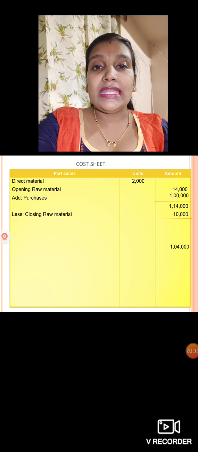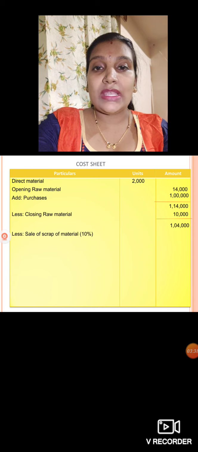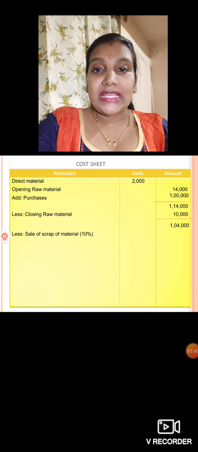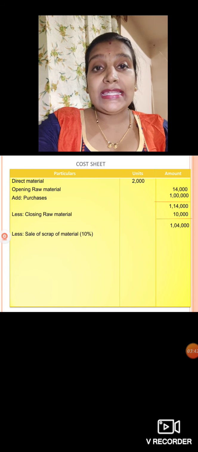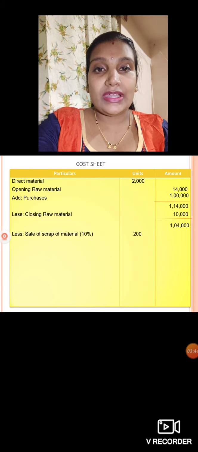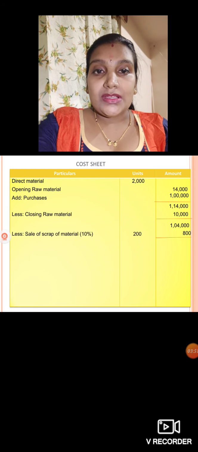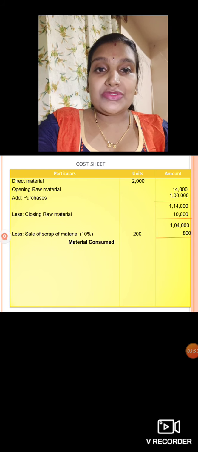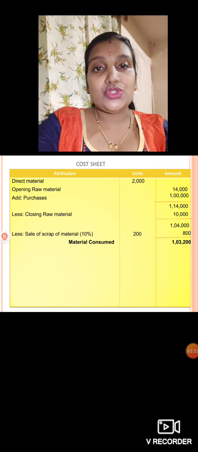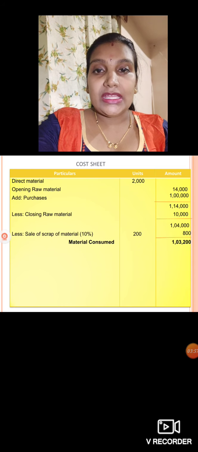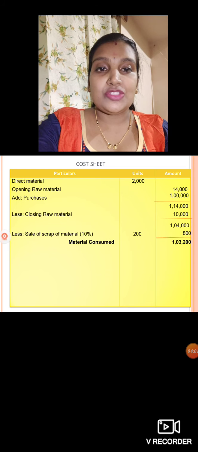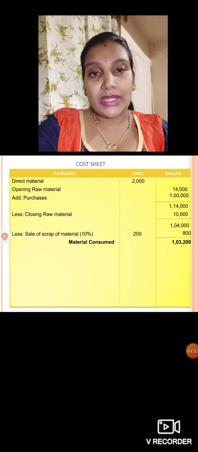So material consumed we will get 1,04,000, less sale of scrap of material. 10% they had said, right? 200 units out of 2000 is scrap, and the value of scrap was 800. So final material consumed we will get 1,03,200. Scrap of material you should deduct here, before material consumed.